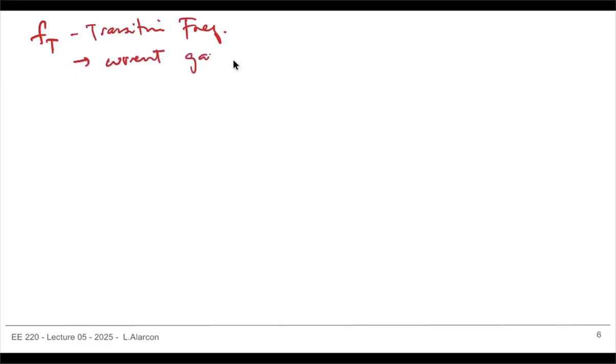Well, as you've seen in the homework, one very important metric is our FT, or our transition frequency. And by definition, this is the frequency where your current gain is equal to 1. And what does that current gain mean?